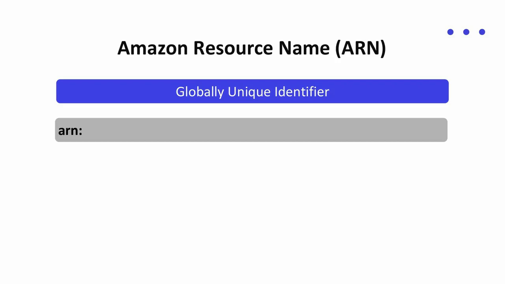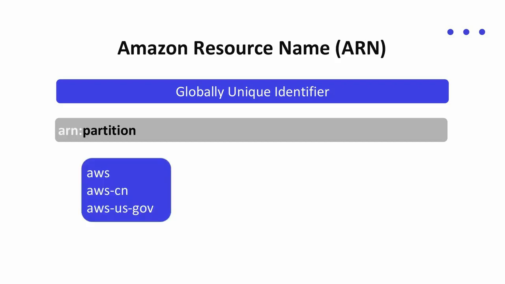And finally, we have what is called a partition, right? And typically, most of the time, our partitions are going to be arn colon aws, unless we're working for a US government entity or we are running workloads in China, right? As an example. The next part that's attached to it is the service name, right?